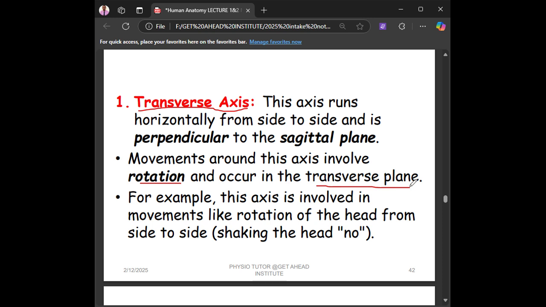For example, this axis is involved in movements like rotation of the head from side to side when you are shaking your head to communicate no as an answer. That kind of movement occurs in the transverse plane.